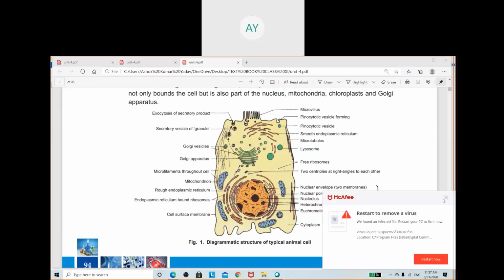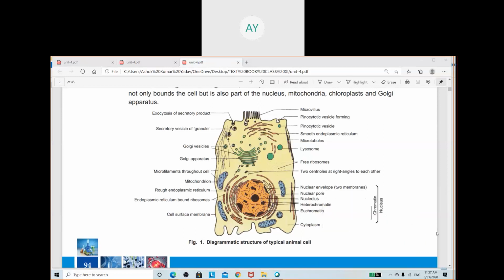Then who has discovered the nucleus? Anyone? Robert Brown. Robert Brown discovered the nucleus. Robert Hooke discovered the cell in which structure? In which plant? Cork cell.